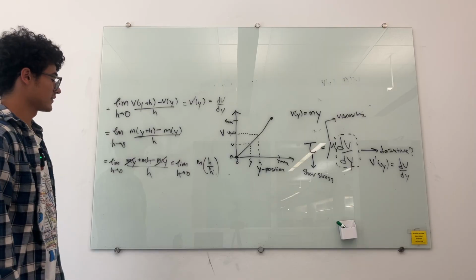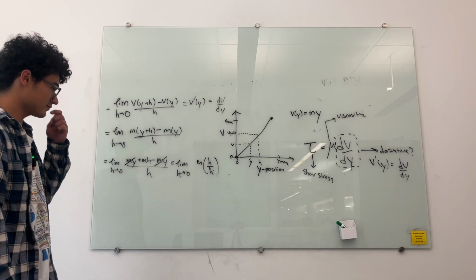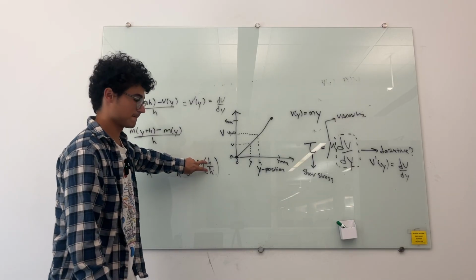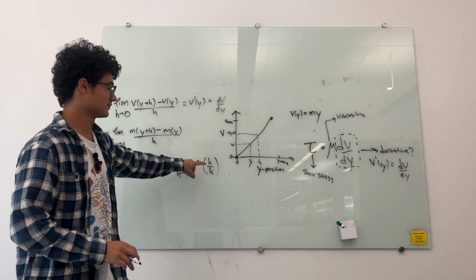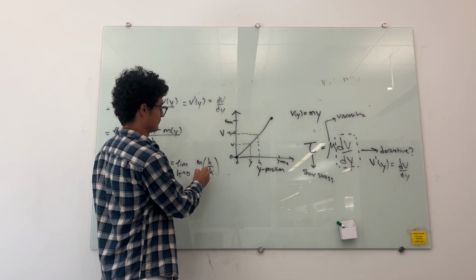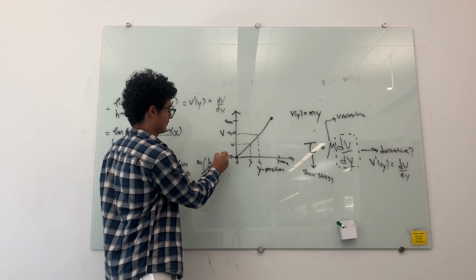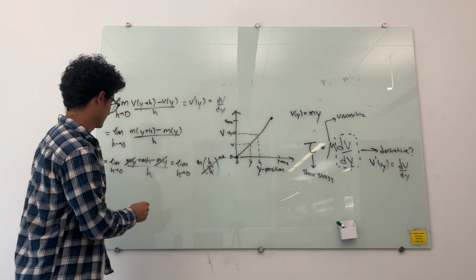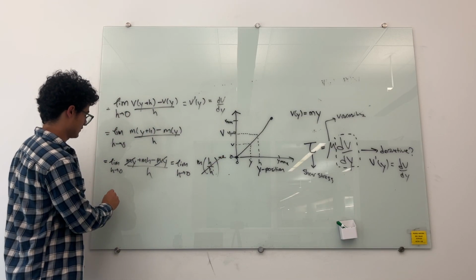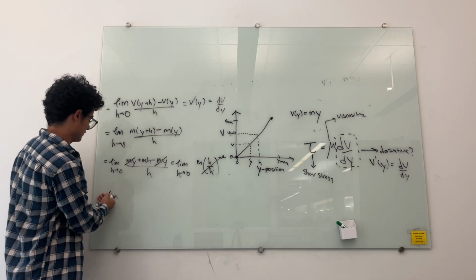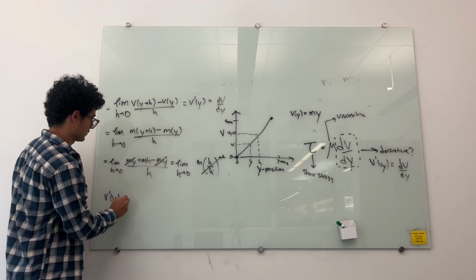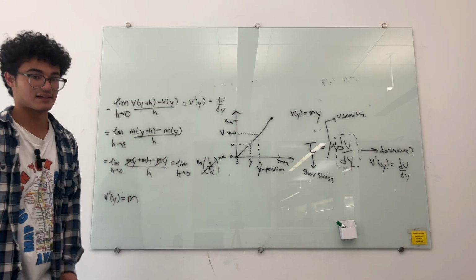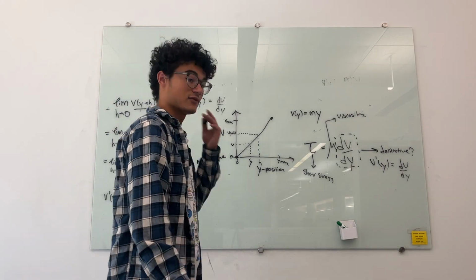Well, h over h is 1, so we can say that v prime of y equals m, which makes sense if you know what a derivative does.